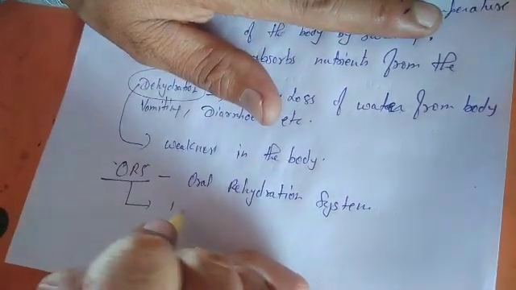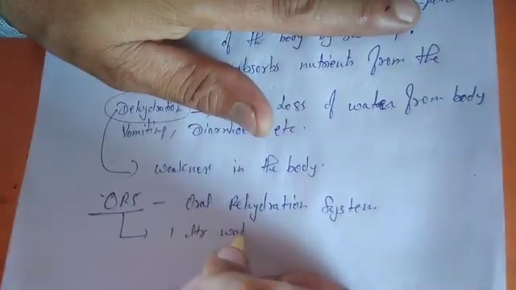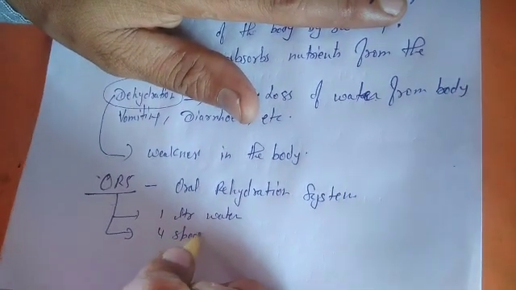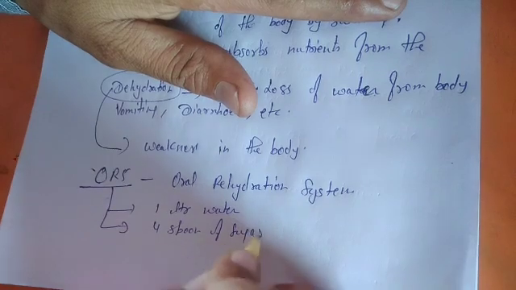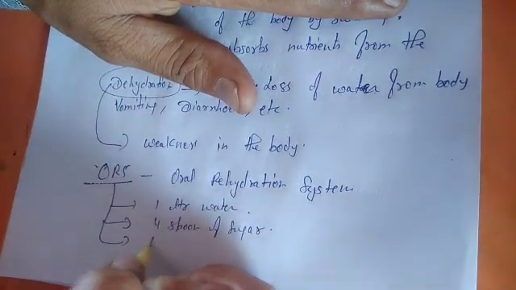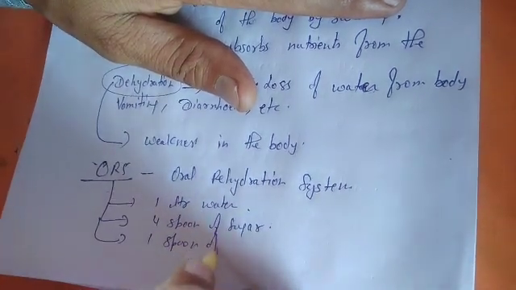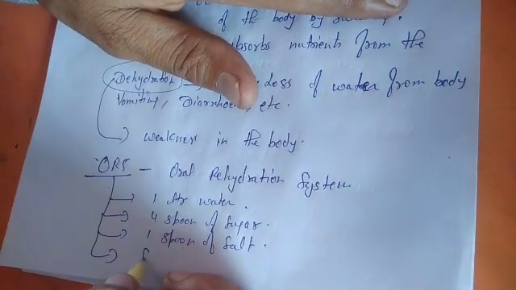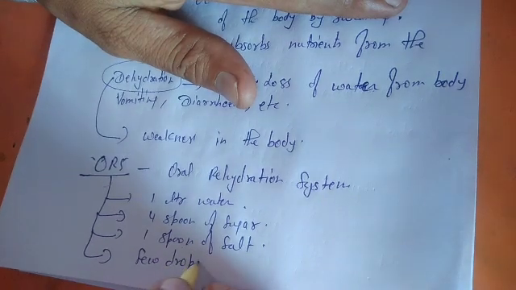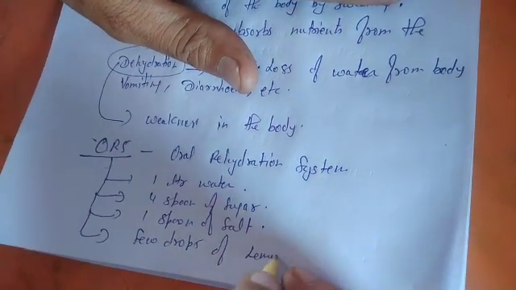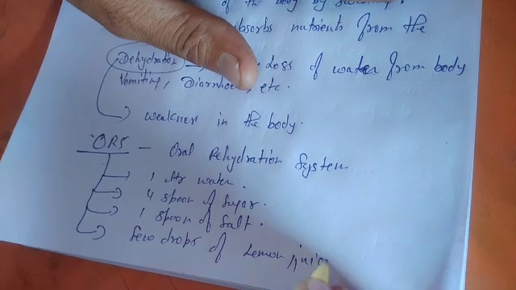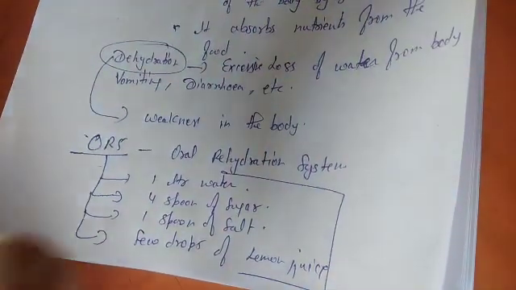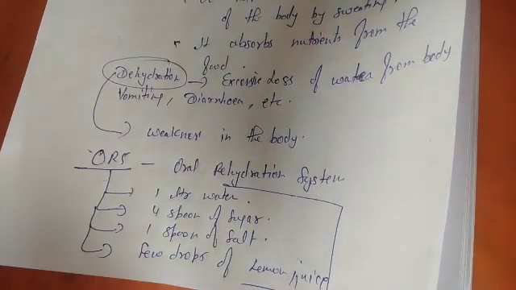What do you need? One liter of water, mixed with four spoons of sugar, one spoon of salt, and a few drops of lemon juice. This is your ORS. It will rehydrate you, meaning the water condition becomes normal again.